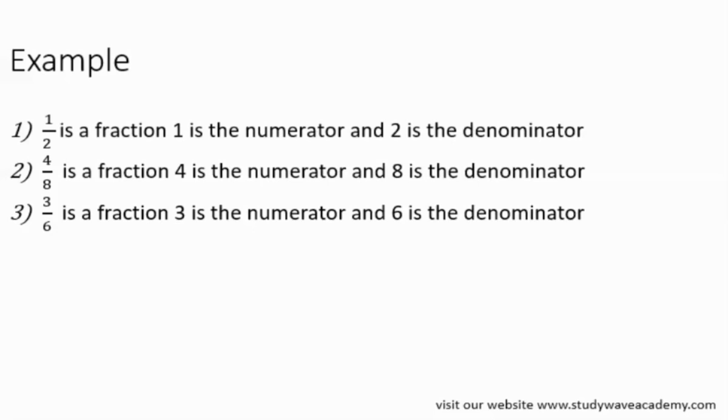So I hope we have come to understand what the numerator and the denominator are. We say the numerator is the upper part, the shaded part of the object, and the denominator is the lower part that represents the whole object. Okay, now let's move on.